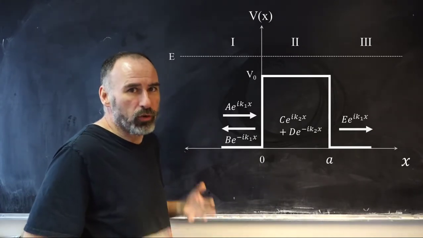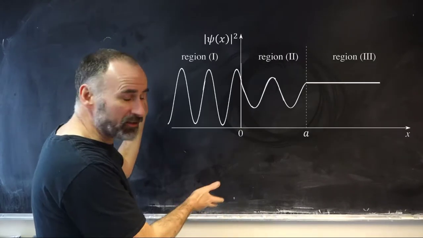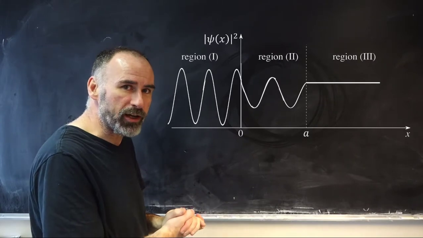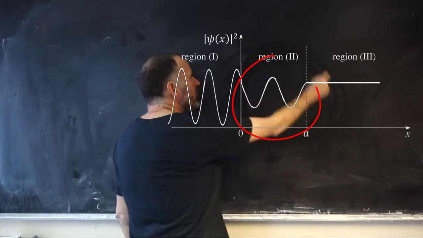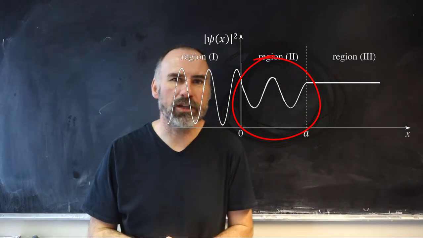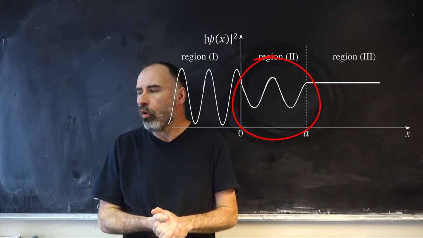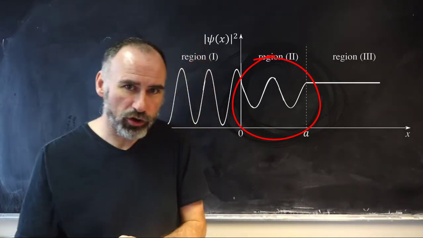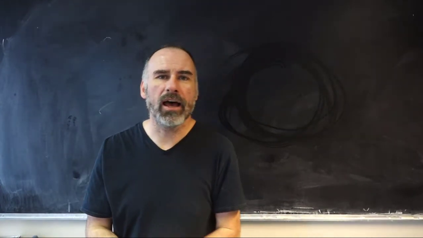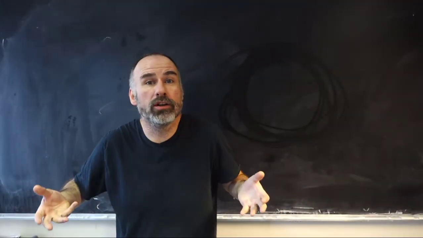That's important when it comes to our wave function and our probability density, which look like this. What's particularly important to note is that in region 2, you might remember from the last video, in the barrier region, when the energy of the electrons is less than the height of the barrier, we end up with the square root of a quantity that's negative.